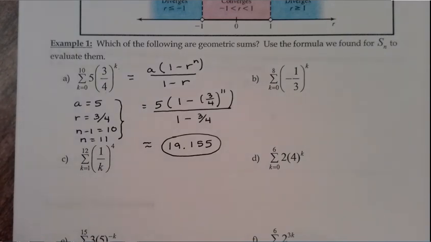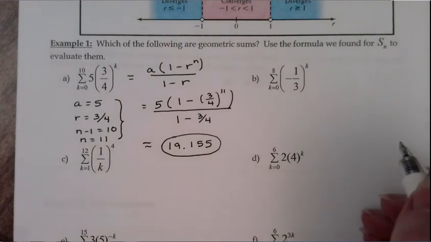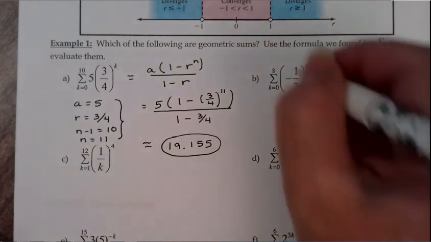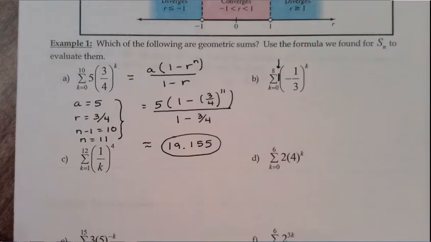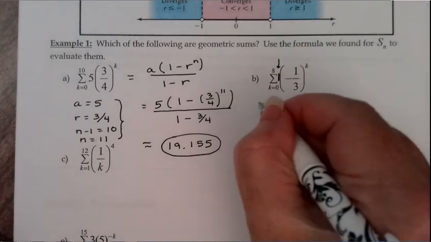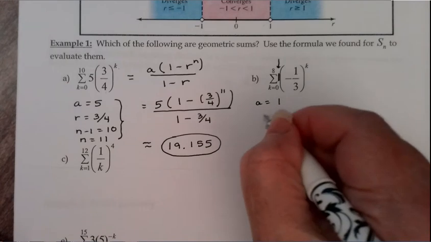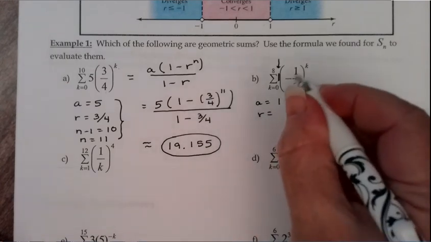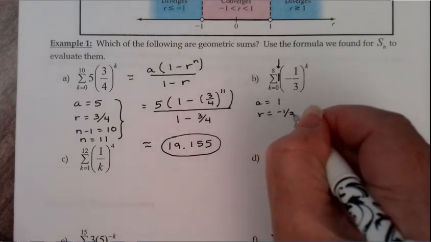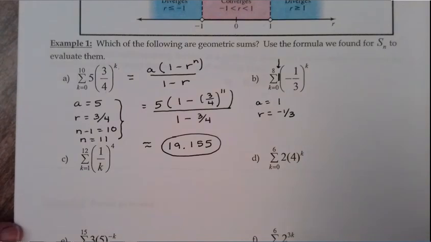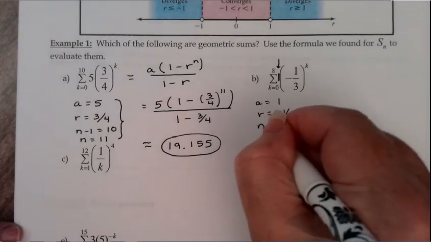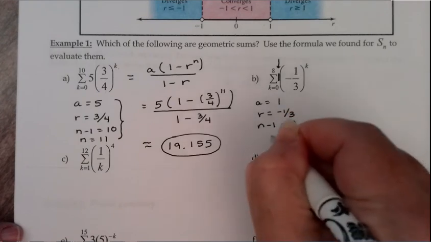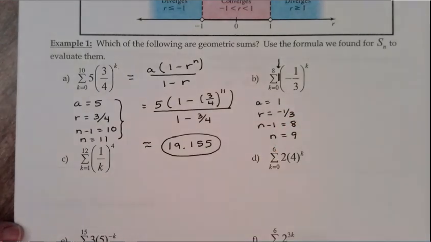All right, let's try a couple more. In B, there's no specific multiplier listed, so you have to imagine that the a value here is just 1, a multiplier of 1 out here. So we'll go with a equals 1. r would be negative 1/3, what's being raised to the k power. And this 8 is our n minus 1, so n is actually 9 in this case.